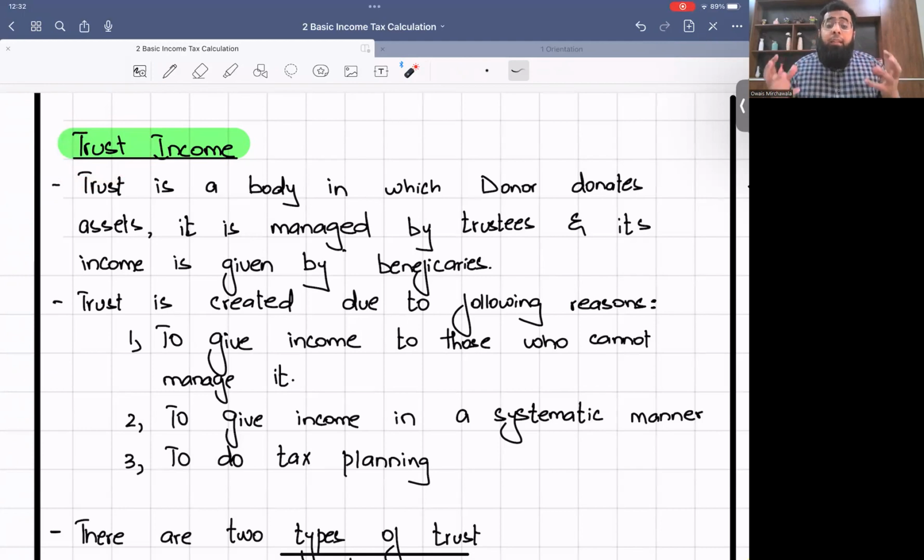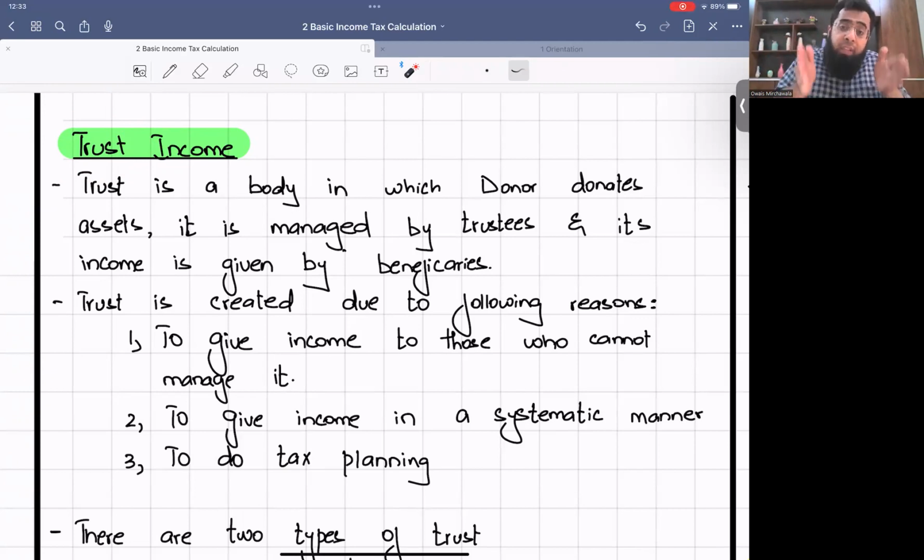See, a trust is a body in which one party, the donor, donates the assets. A trust is an artificial body, a registered entity in which the donor donates the assets. Those assets are managed by trustees, like a board of directors.